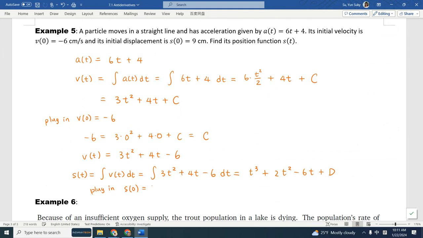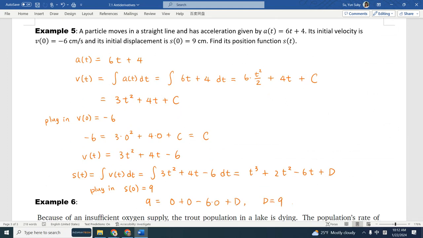S of 0 is 9, so on the left-hand side we get 9. On the right-hand side, what's 0 cubed? 0. And 2 times 0 squared is also 0. Minus 6 times 0 is also 0. And plus D. What's D?